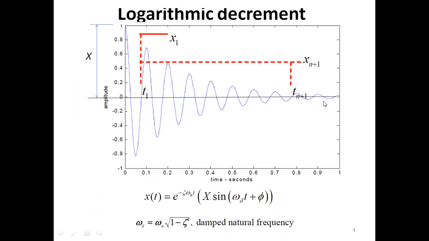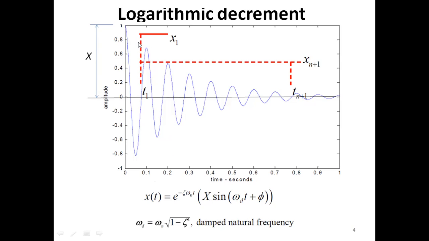The response of an underdamped system is given by x of t is equal to exponential minus zeta omega n t times capital X sine omega d t plus phi, where exponential minus zeta omega n t is the exponential decay function.